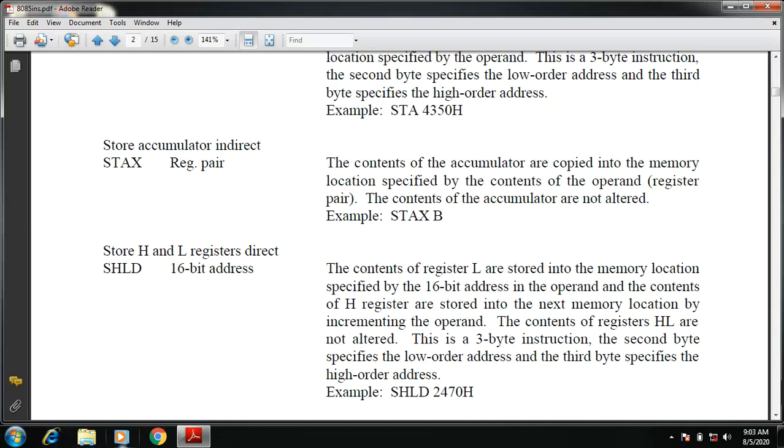That is SHLD 2470H. First store the data, that is 70 for L, then 24 for H. The content of data will be stored first L and then in the next memory location for H.